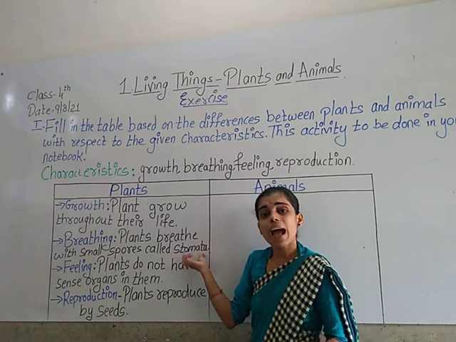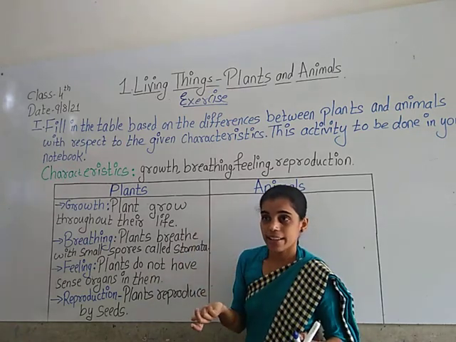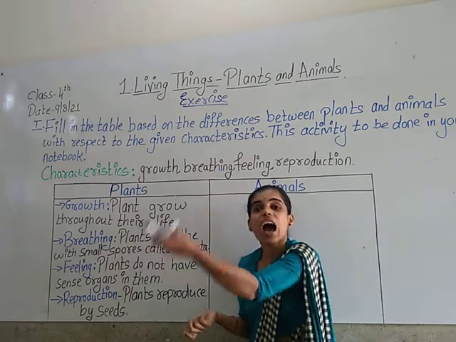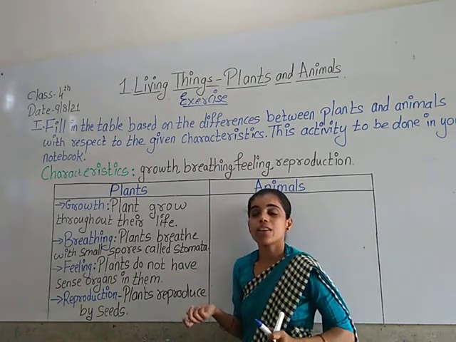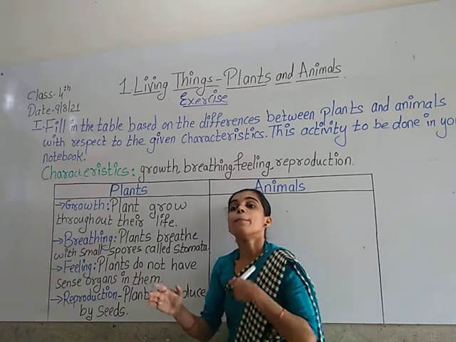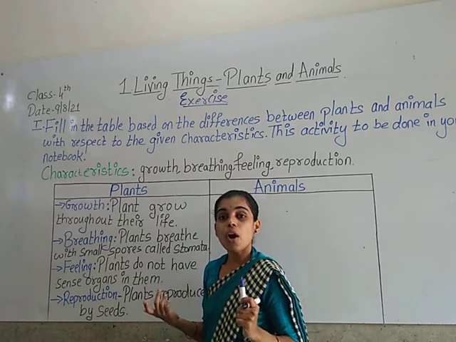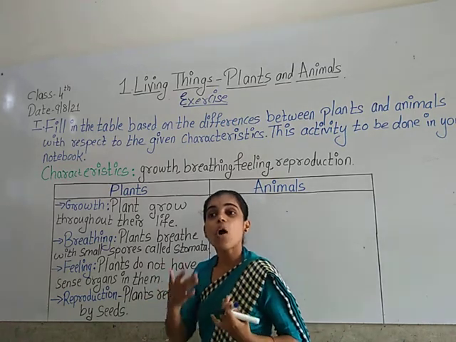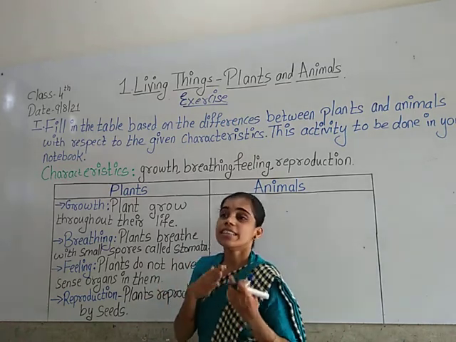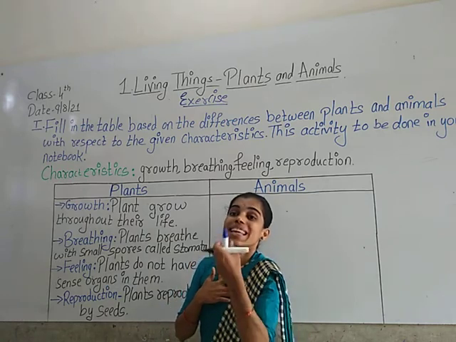And the plants take inside the carbon dioxide and leave out oxygen. So, it's our duty to plant the trees and grow trees because they give us oxygen and that oxygen is used for us for breathing.